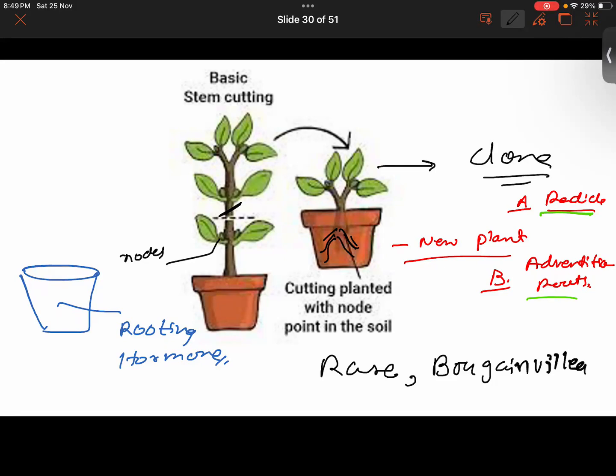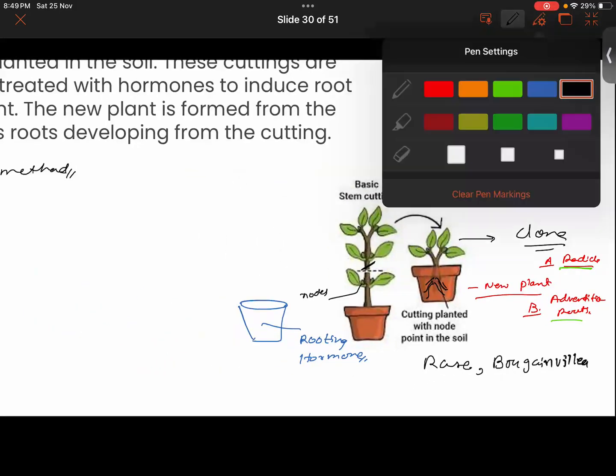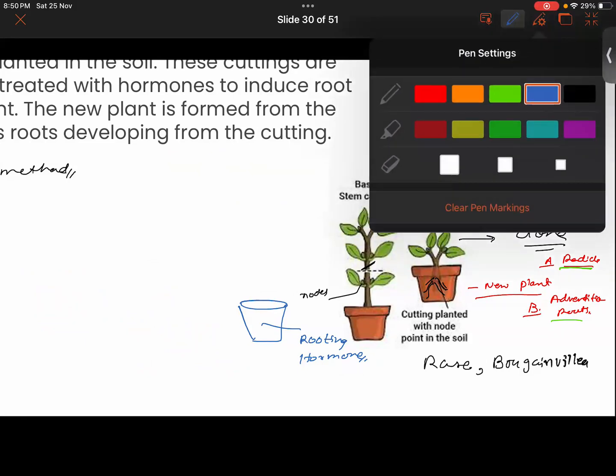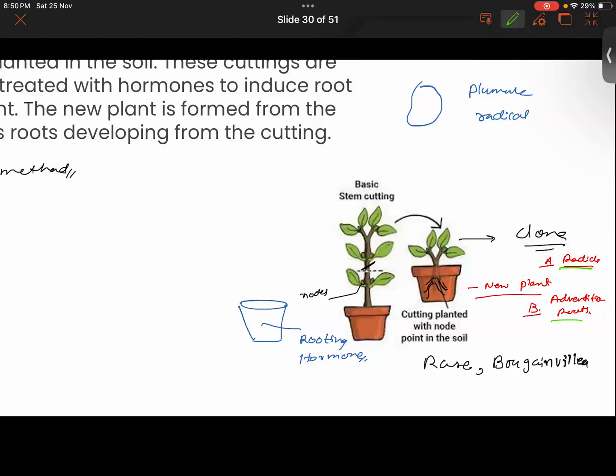Again, tell me, what were the radical and plumule which we studied? When a seed germinates, there are two different sets of tissues that come out of it: one is the radical and one is the plumule. Which one of the two is the radical?